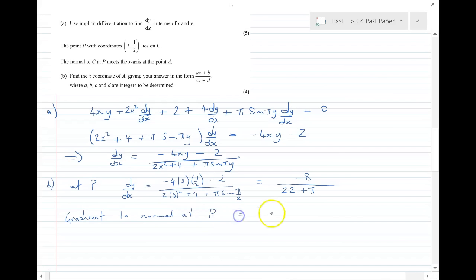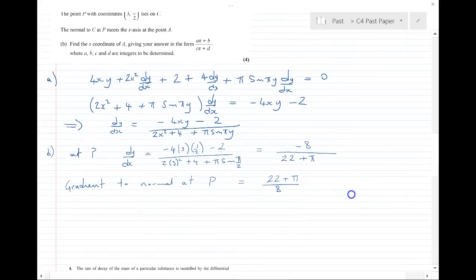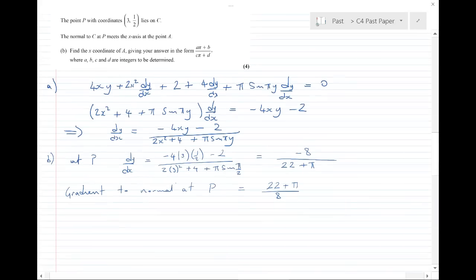So that equals 22 plus pi over 8, and it's now no longer negative. Right, so the next bit is to find where this normal crosses the x-axis.